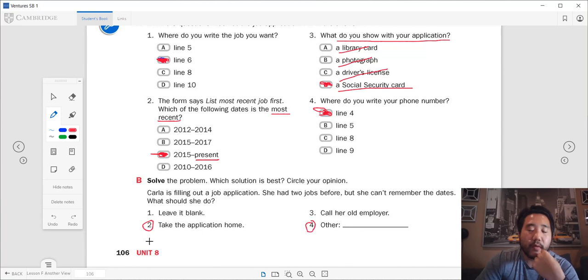As I said before, I usually would not want to take the application home, but I'll just take the application home and find the information that I was looking for there and fill it out.